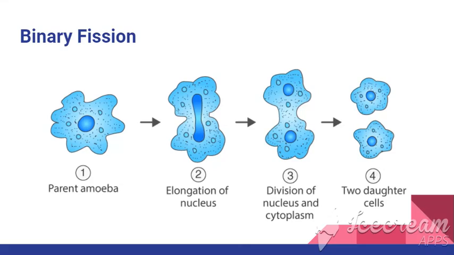So here first the nucleus divides into two, and then the body of the organism divides into two, and finally two daughter organisms will form.